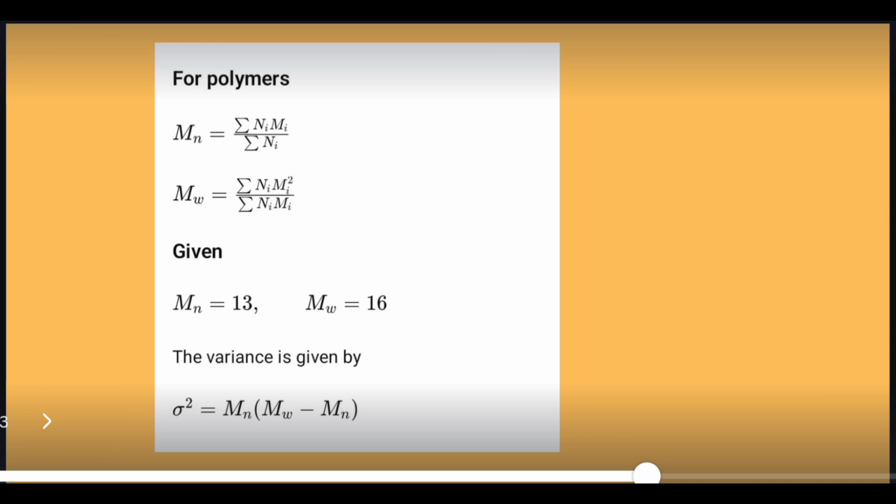For polymers, Mn is equal to summation of NiMi divided by summation of Ni, and Mw is equal to summation of NiMi square divided by summation of NiMi. Here given Mn is equal to 13 and Mw is equal to 16. The variance is given by sigma square is equal to Mn into Mw minus Mn.